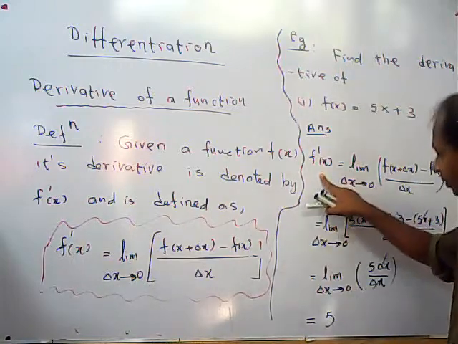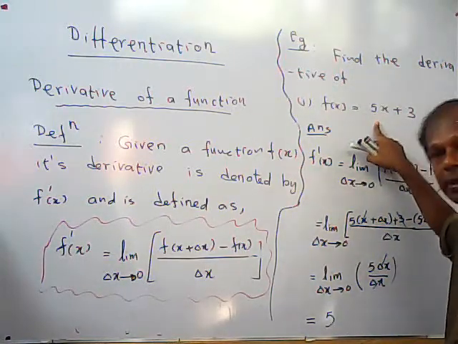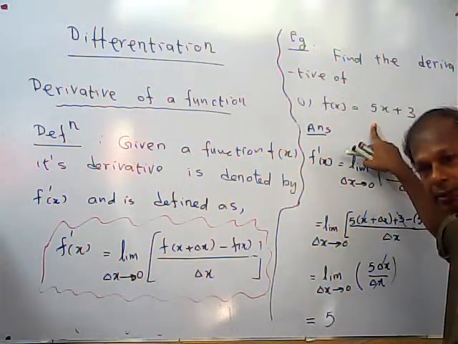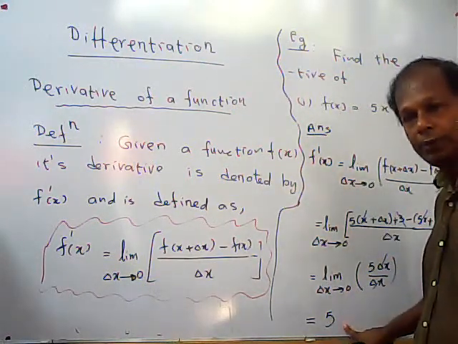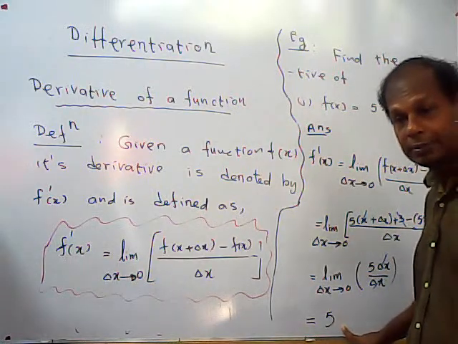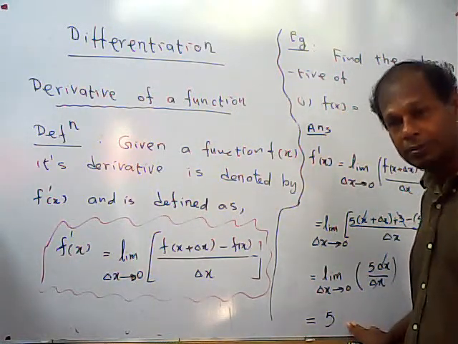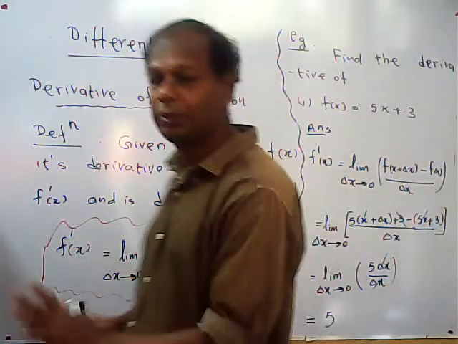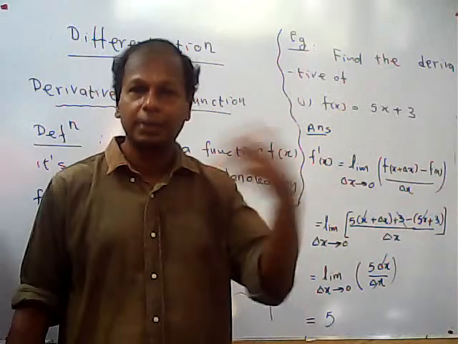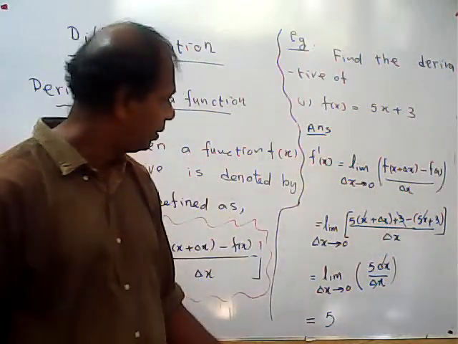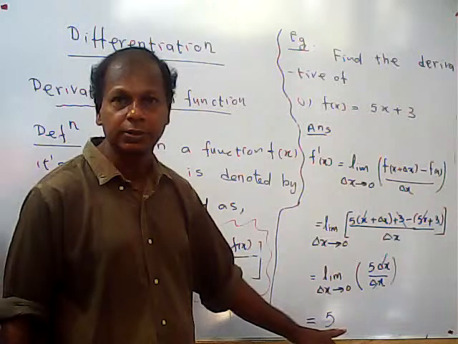So f dash x, for this particular example, f x equals 5x plus 3, f dash x will be equal to 5. For this particular function, we get only a constant, but not always. You will see in the next example and the examples after that. It's some function of x.